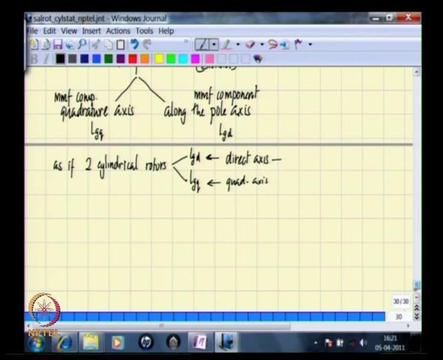So, all this is what we have done, and then the total flux at any given angle is the sum of the direct axis flux plus quadrature axis flux, and the flux linkage is then the number of turns in the stator multiplied by this flux that is going through.